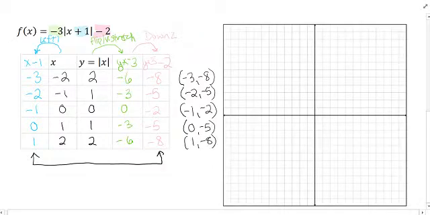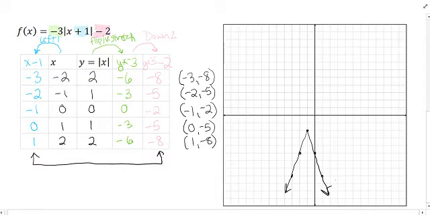Let's go ahead and take a look at this. (-3, -8): 1, 2, 3, 4, 5, 6, 7, 8. (-2, -5), (-1, -2), then (0, -5), and (1, -8). This is my transformed function.